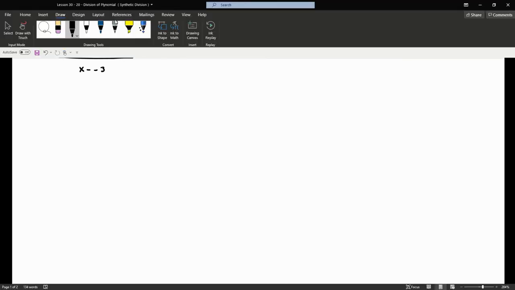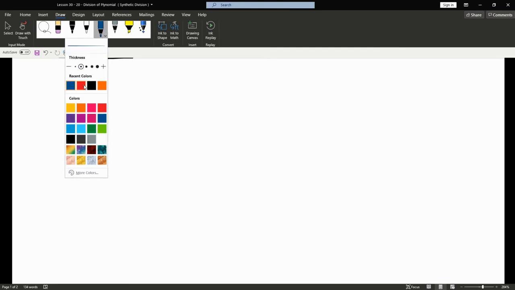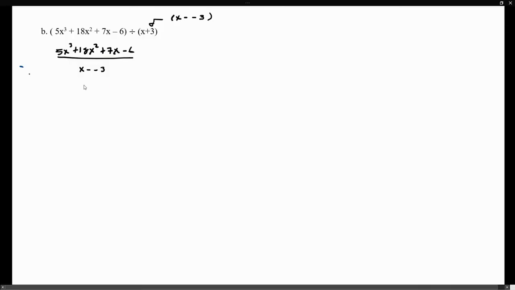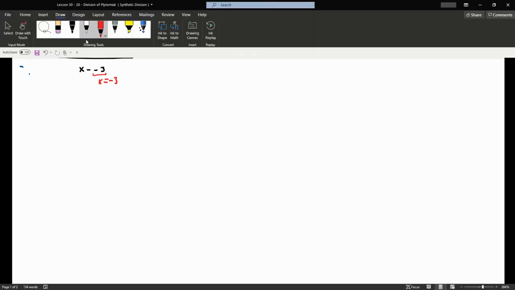This way, I can assign the value of k to be negative 3. Because remember, we can only divide by expressions of the form x minus k, where k is the value that we have right out of the box, which in this case, if we make k equal to negative 3, we have the original expression back. So now that we have that, let's actually set it up.